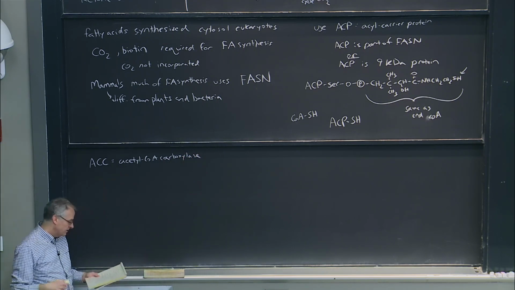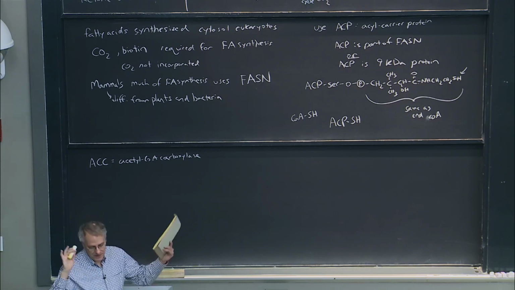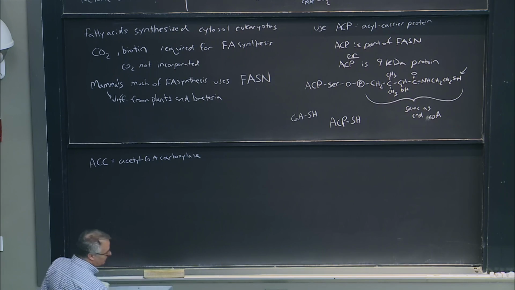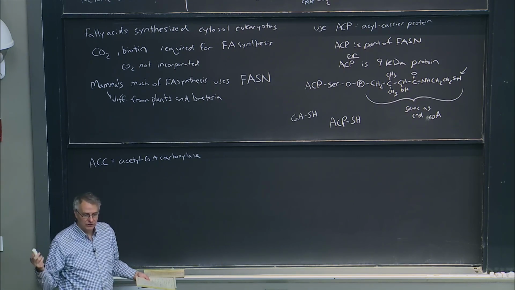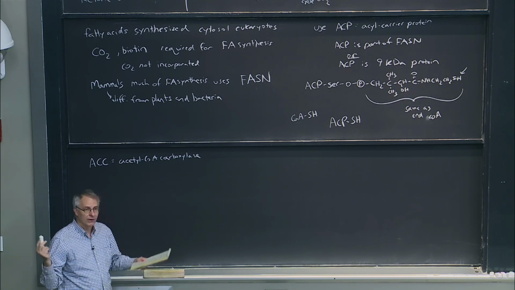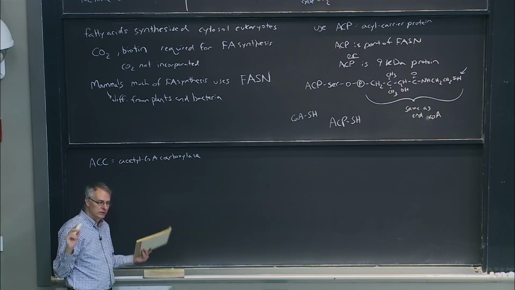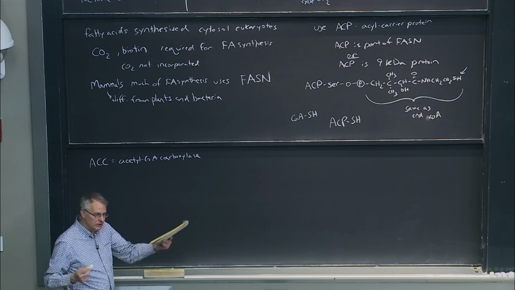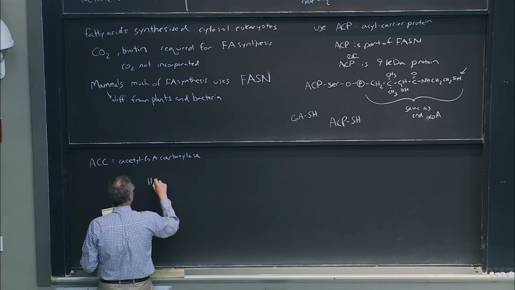So ACC is a pretty famous enzyme. It's argued by many to be the rate-limiting step in fatty acid synthesis. And it makes sense because you're going to see we're doing a carboxylation reaction, big energetics here. And that is obviously, as we learned before, the steps that you regulate are the ones with the biggest change in free energy.